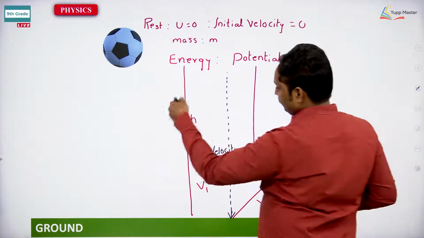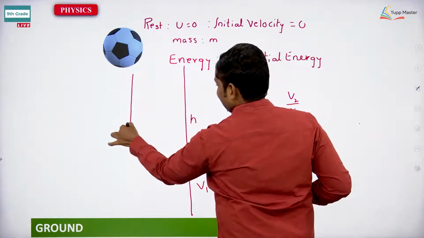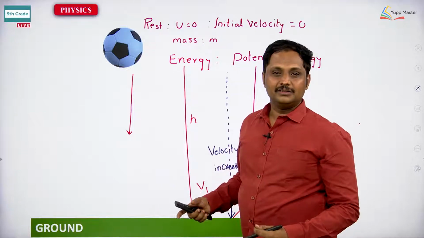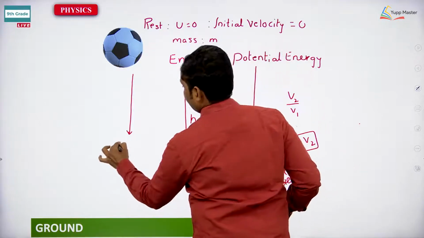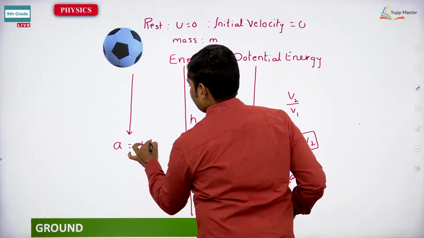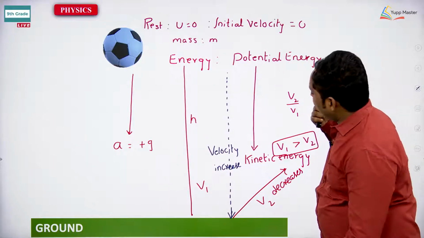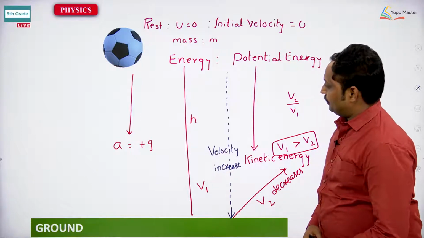So, it is going towards the earth. So, a has been taken as plus g, it is very clear. Now, let us solve the problem.